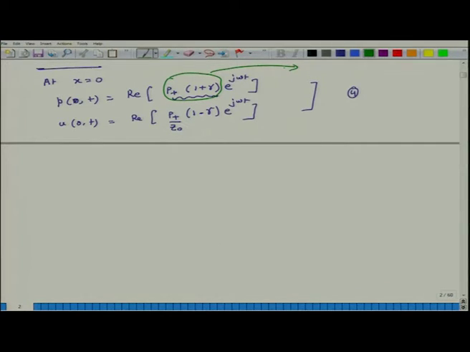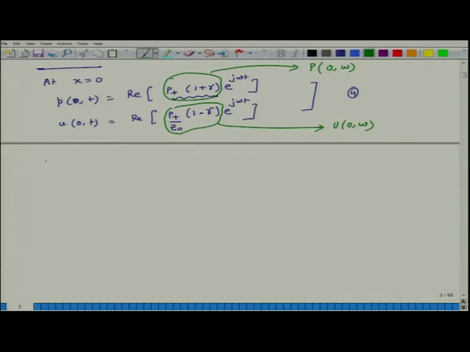It is the complex amplitude of the pressure at x is equal to 0. So, I can call it P 0 omega, it can change with frequency. Similarly, this term is the complex amplitude of the velocity at x is equal to 0. So, this is capital U 0 omega.